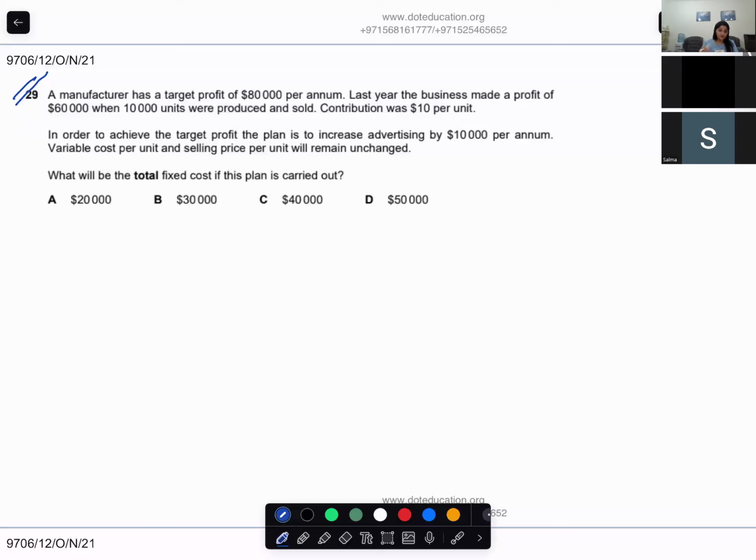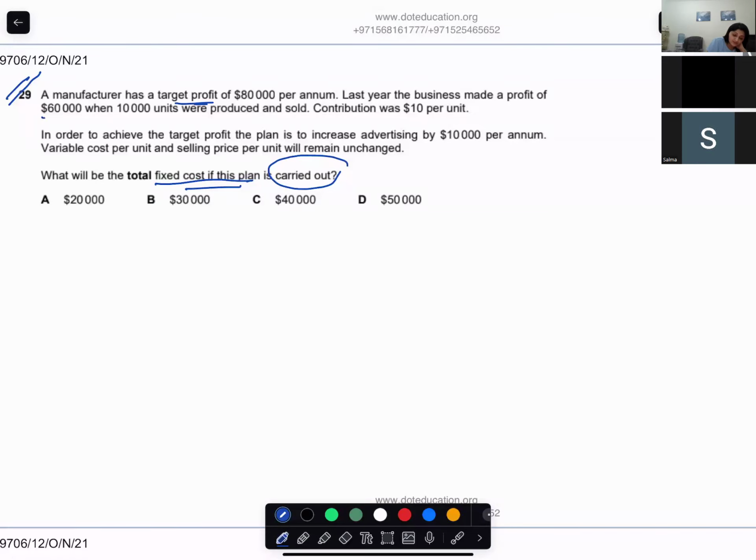You want to know the total fixed costs if your plan is carried out. Your target profit is 80,000. And last year, your business made a profit of 60,000 when 10,000 units were produced and sold.